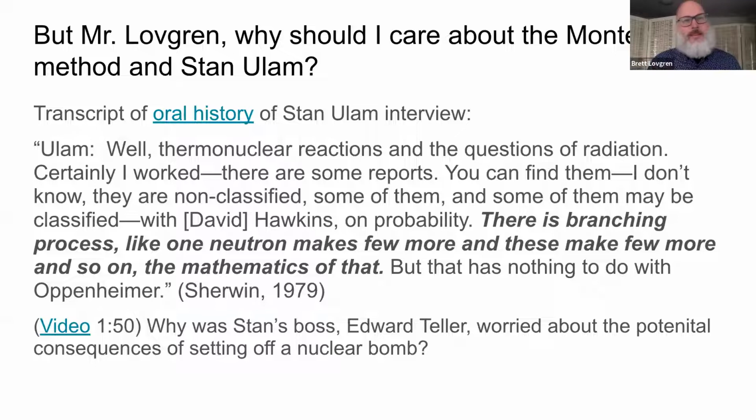I won't take the time to play the video right now, but Stan Ulam's boss, Ed Teller at the Manhattan Project, was actually concerned. One of the reasons that he had tasked Stan Ulam with understanding this propagation process was that they were worried that when they set off the atomic bomb, it might light the atmosphere on fire and destroy everything, right?